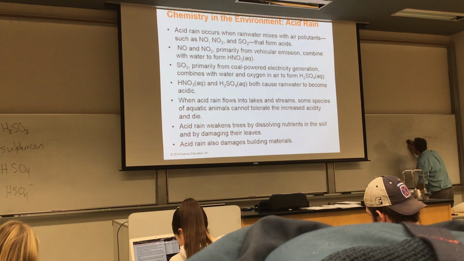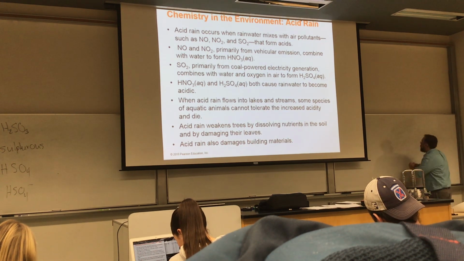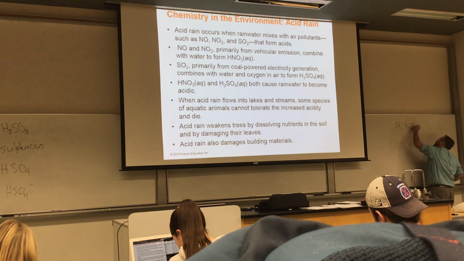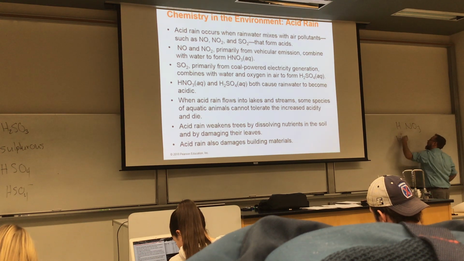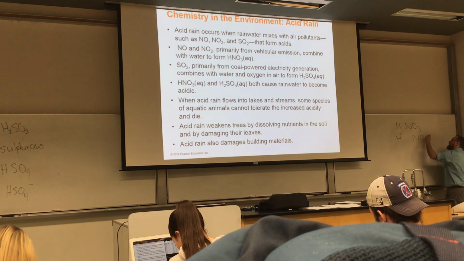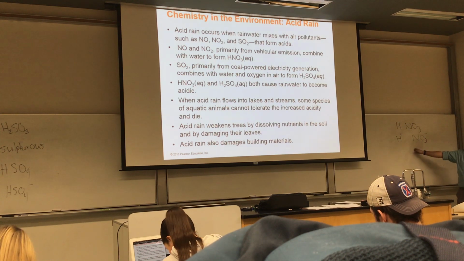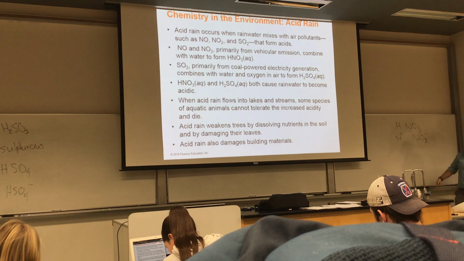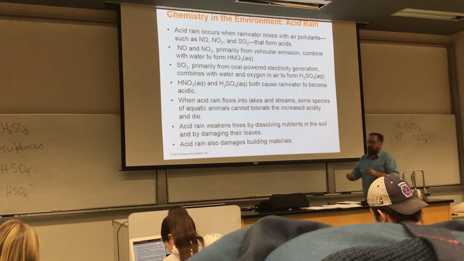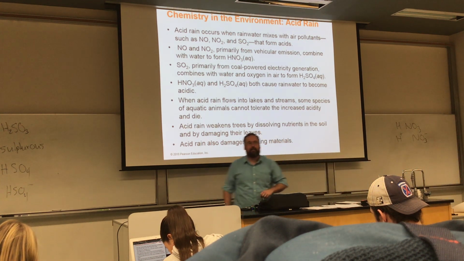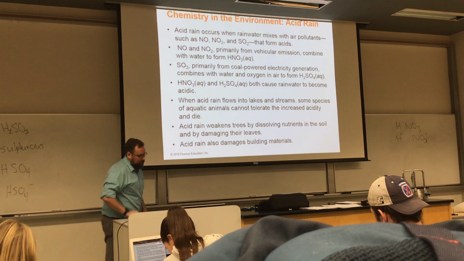I almost said hydrogen before it. HNO3, H is our cation, so NO3 minus. This is the nitrate group. The ate gets dropped, comes into the ic, and becomes nitric acid.